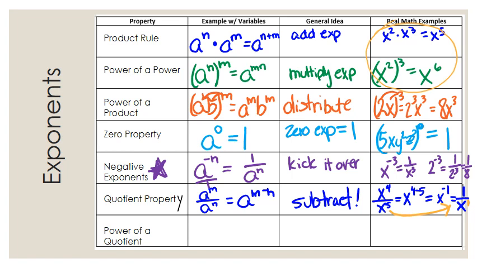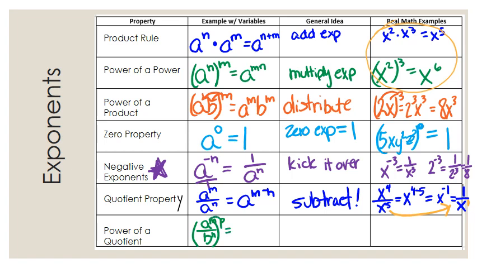Power of a quotient means that if I have two variables, such as, let's say, a over b, and I have a power on the outside, I'm going to give this an exponent of m, this an exponent of n, and let's say an exponent of p.